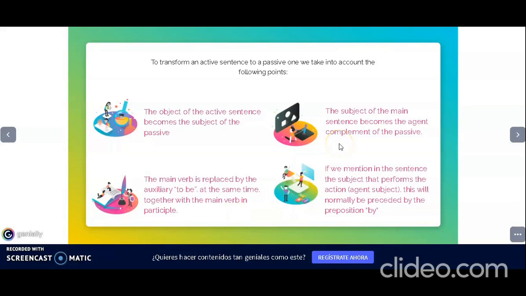The subject of the active sentence becomes the agent complement of the passive. And 4. If we mention in the sentence the subject that performs the action, the agent subject, this will normally be preceded by the preposition by, as we have already seen.